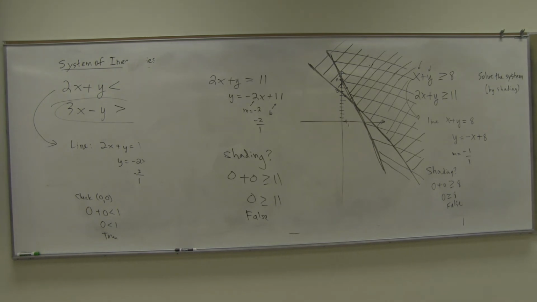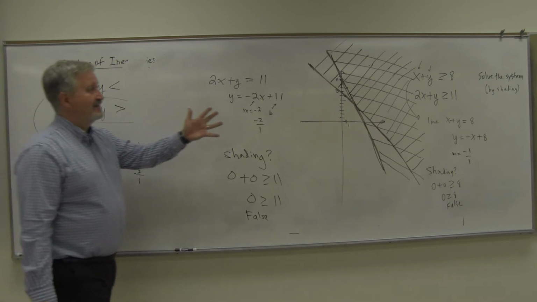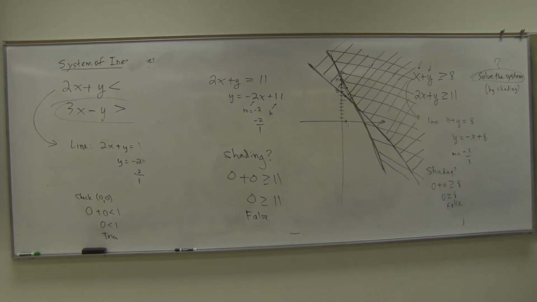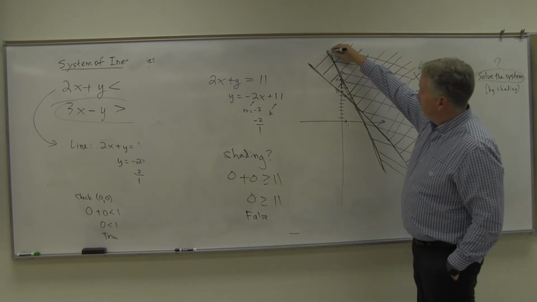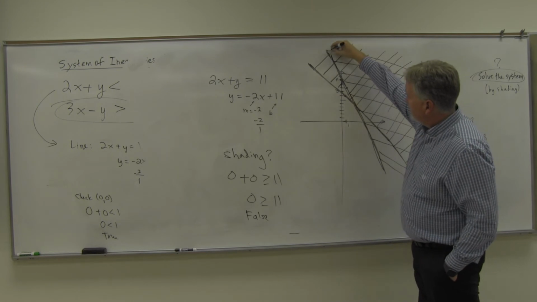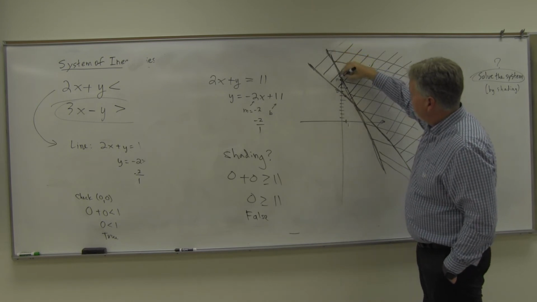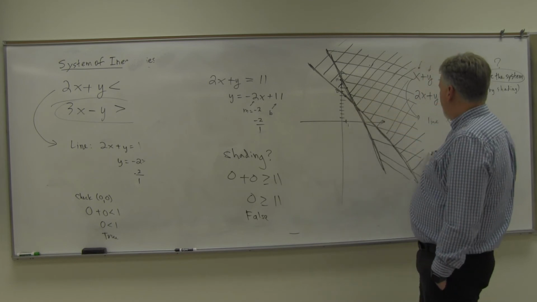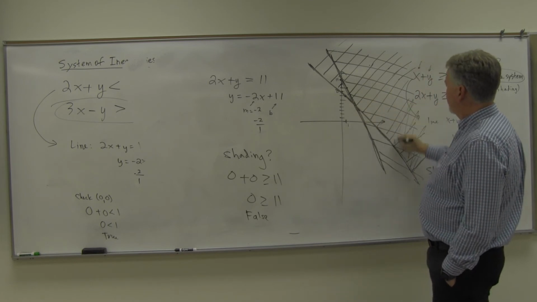It gets a little messy, but where's my solutions to the system? Well, it's where they both overlap. And so it would be, it's not here because I don't have one of them. So it starts here, and then it kind of V's off right here. So it's all of this. Make it obvious.